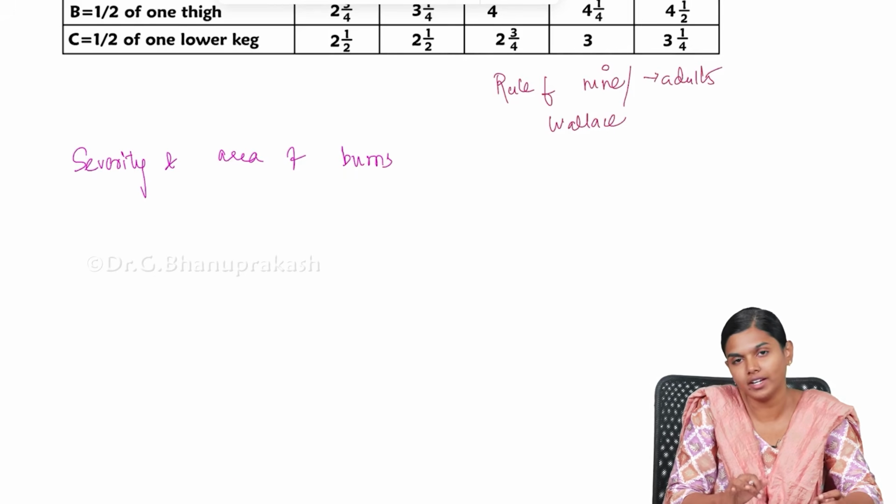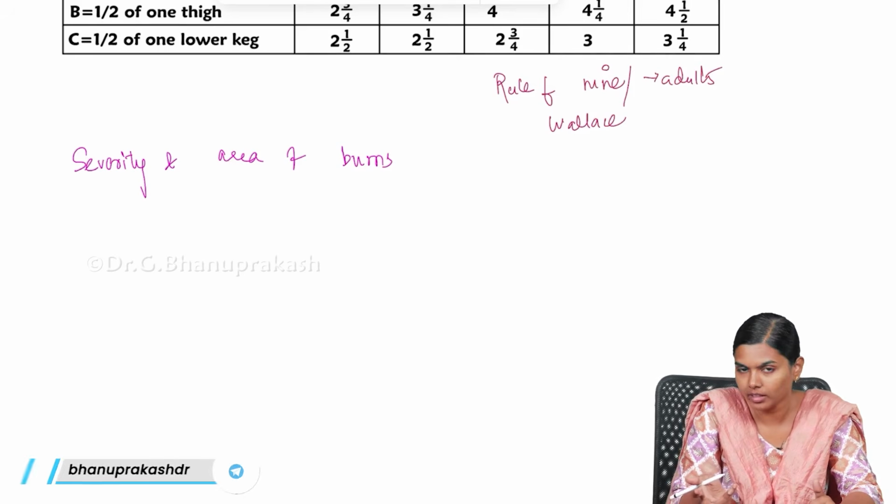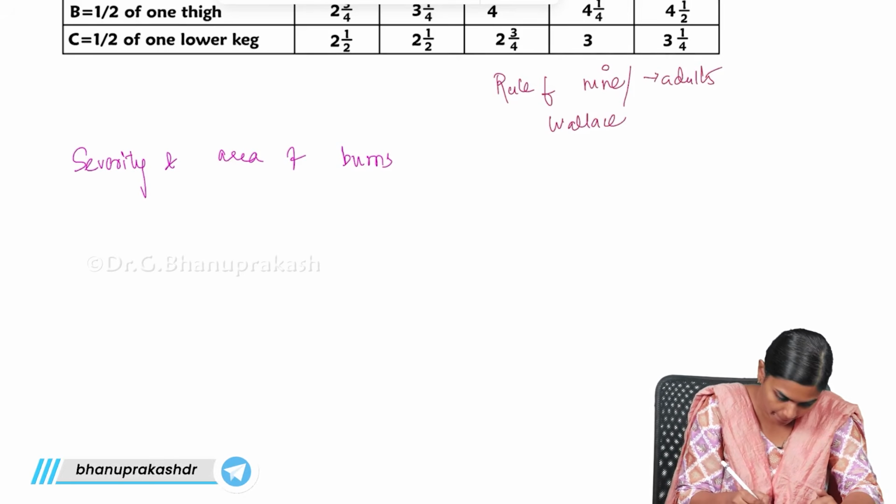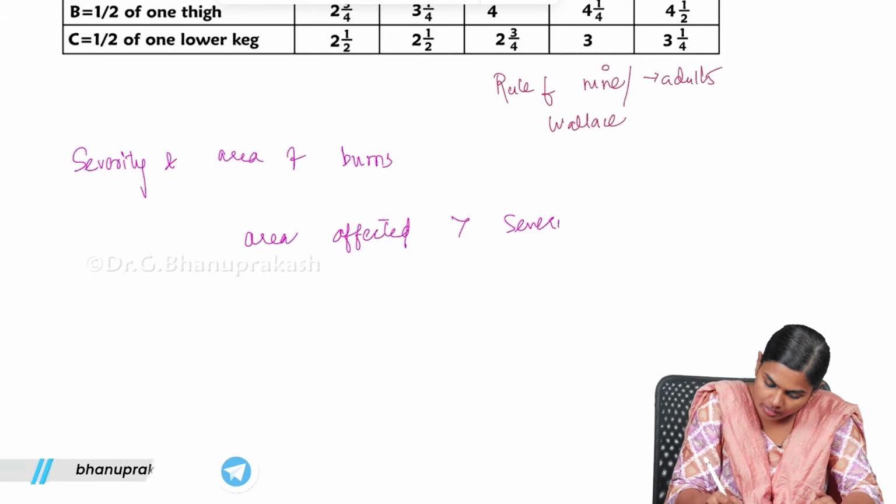So after finding these out, the most important thing that we have to know is that the surface area affected is more important than the severity.